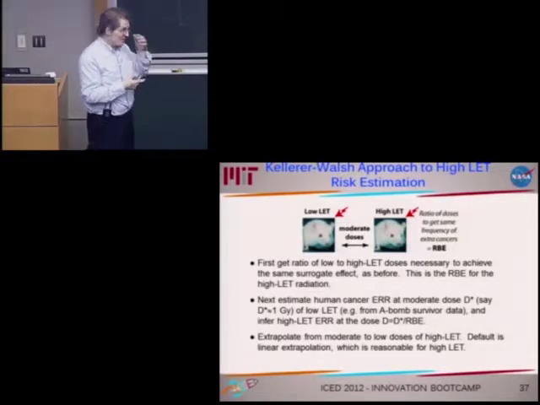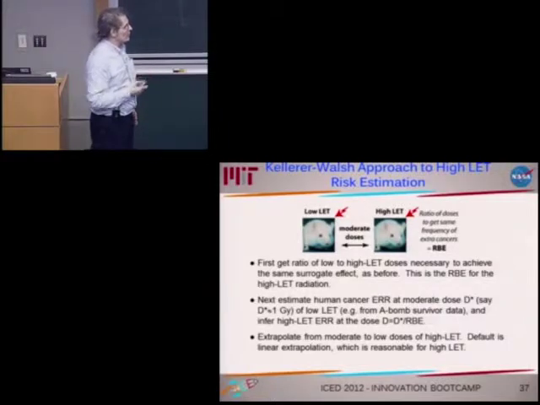So if you extrapolate that down to low doses, that's just a linear extrapolation. So that's one alternative suggestion we have for estimating the low dose risk in the high LET realm.